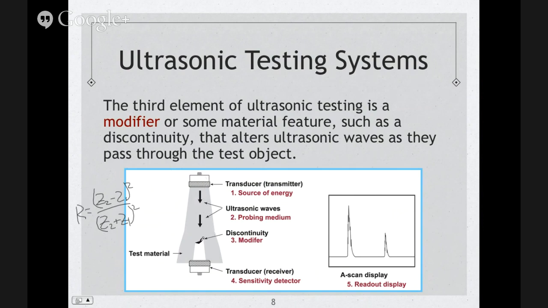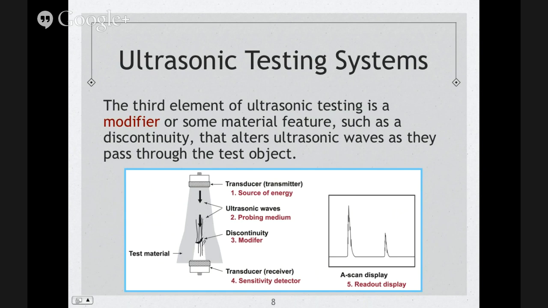We know that anytime we have an air and metal interface, our impedance reflection ratio is going to be nearly 100%. And that's why we don't get a lot of transmission, and we get the waves to reflect back into our transducer. That's the same reason here why in this setup these waves are going to reflect back and not go through.